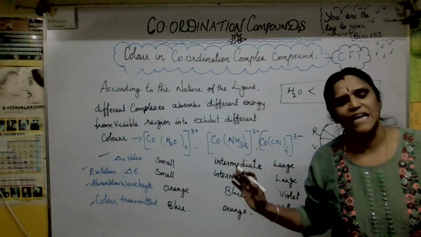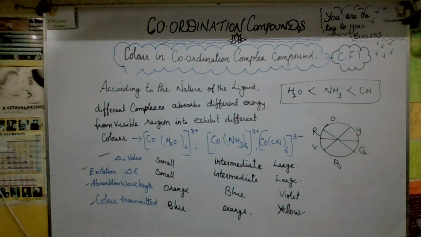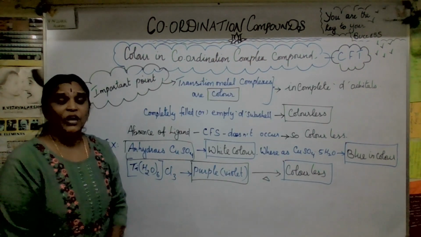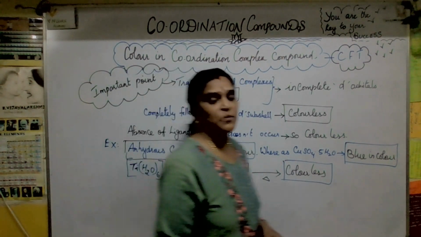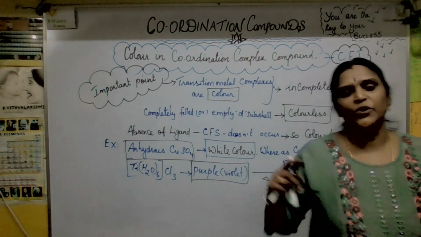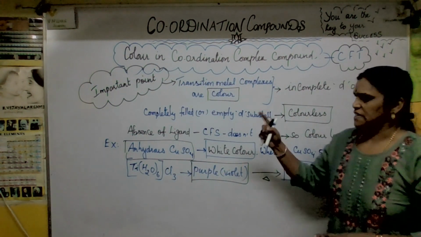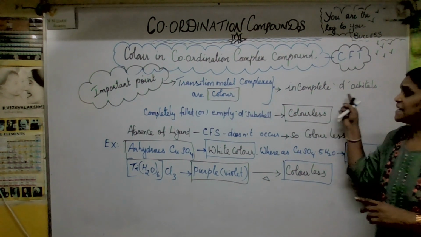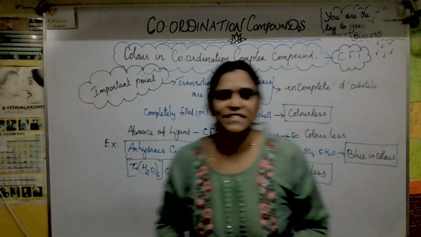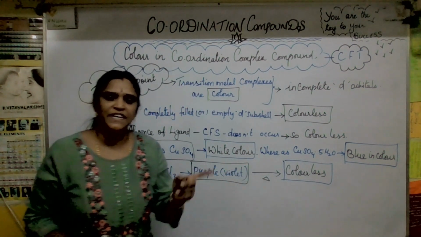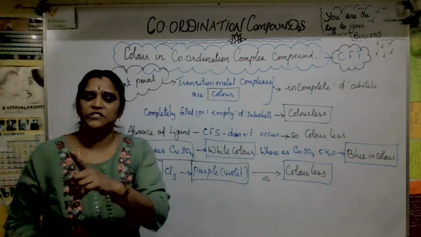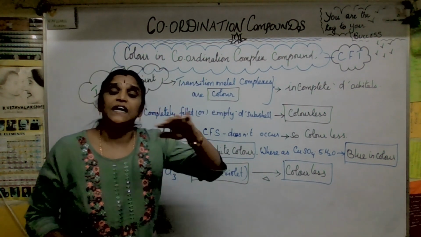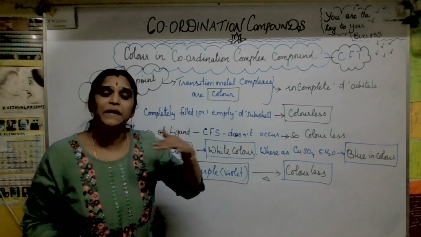Okay, some more examples. Let us go and identify. Now, very important points to be noted about the color of coordination complex compounds. First point, transition metals are colored due to incomplete d orbitals. Incomplete d orbitals: dxy, dyz, dzx, dx square minus y square, dz square. So the filling of orbitals will be incomplete.